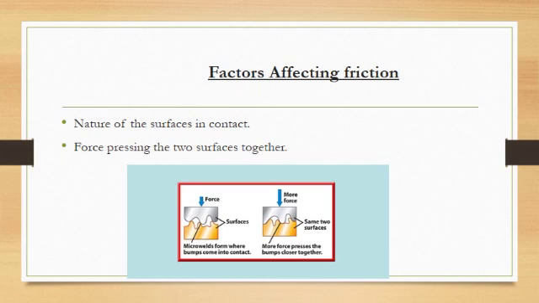So these are the two factors: one is the nature of the surfaces in contact, meaning smoothness or roughness, and the other is the force pressing the two surfaces. The more the force applied, the more will be the force of friction, because the irregularities interlock with each other with more force, and it will be difficult to unlock them with a small force. So the force of friction will be more.